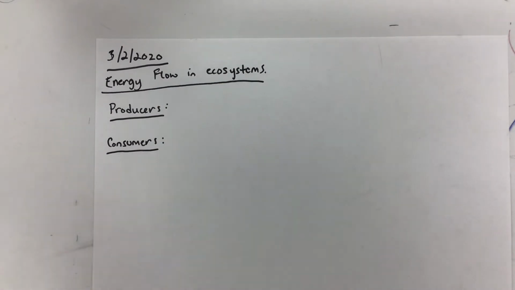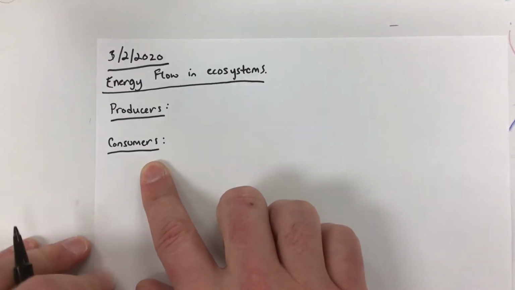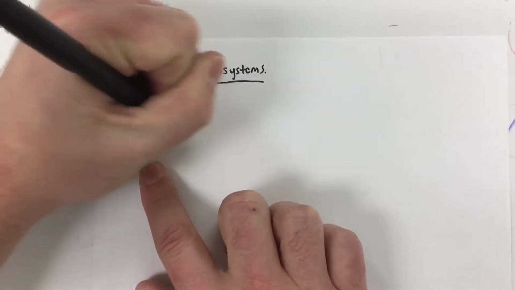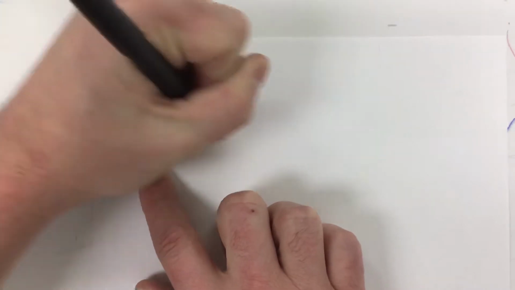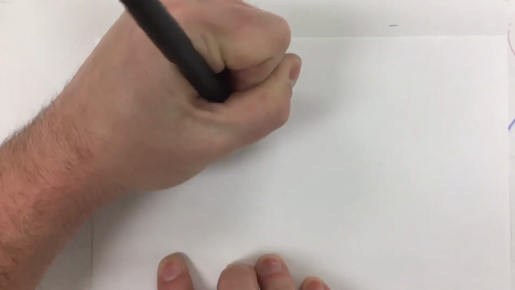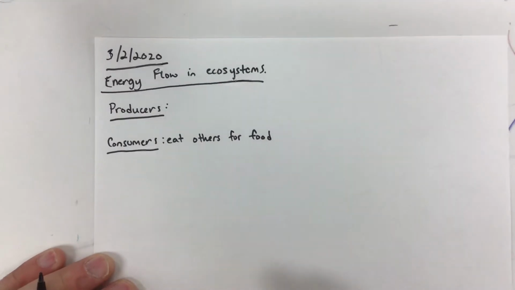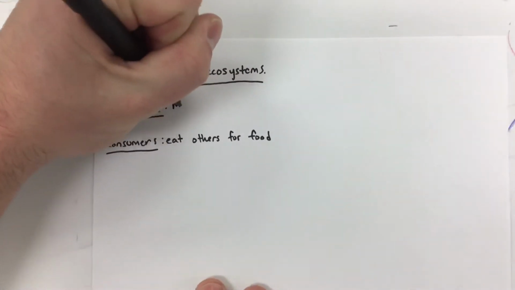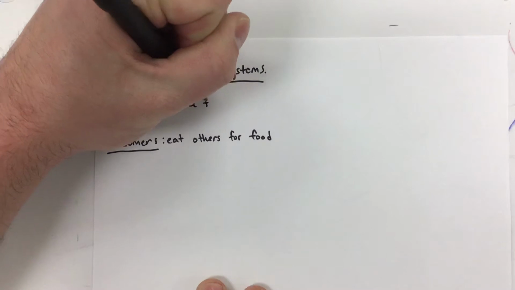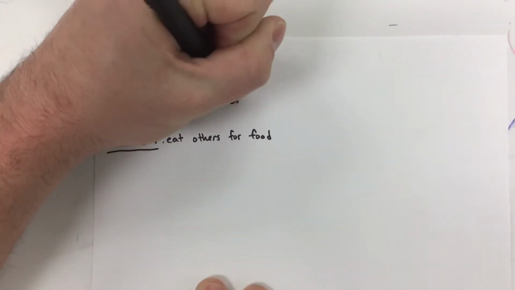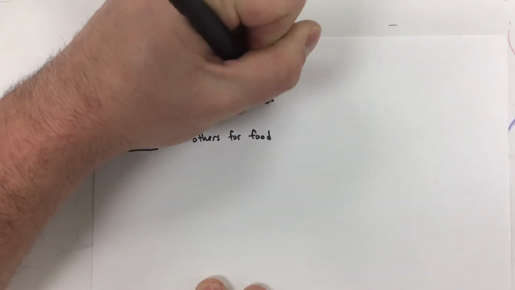Yep, and how do you take in energy as a consumer? Eat. Yeah, so consumers are going to eat others for food, whereas producers are going to make their own food. They produce their own food.